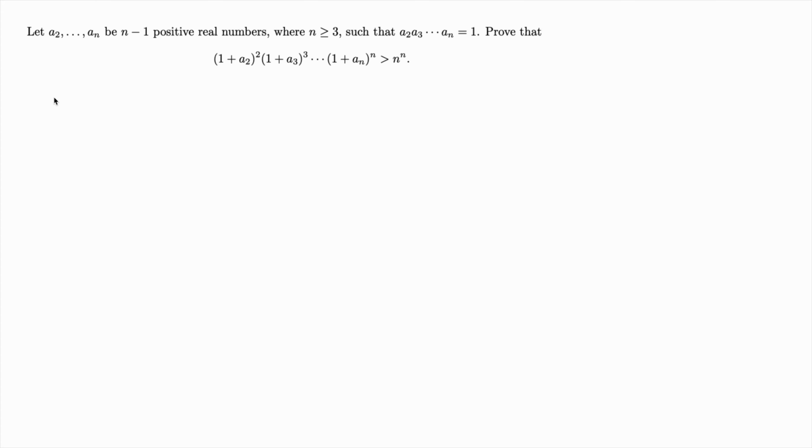Okay, so first of all, we're going to define a sub i in a different way. So let a sub 2 equal b sub 2 over b sub 1.